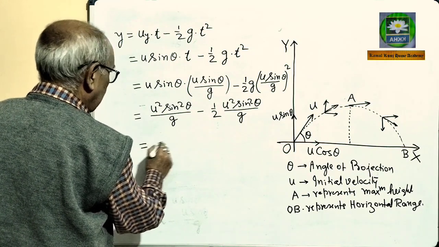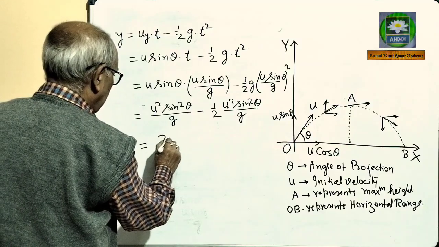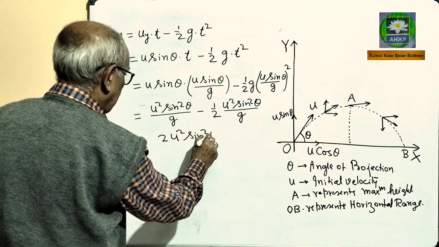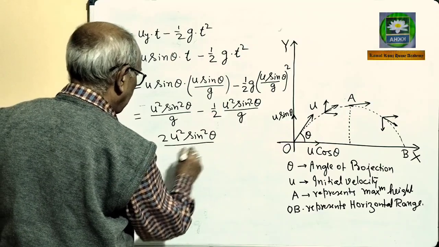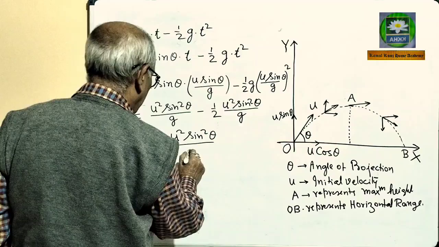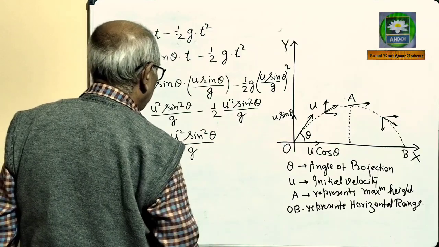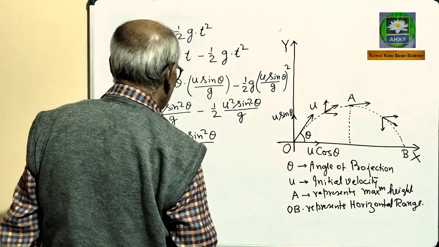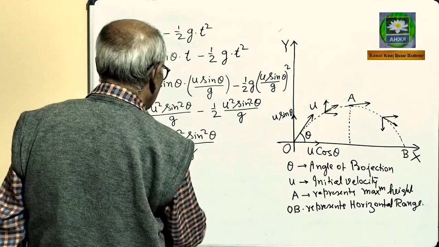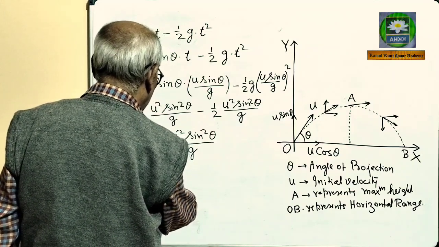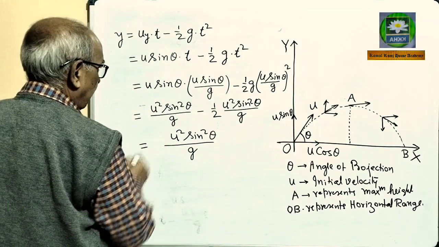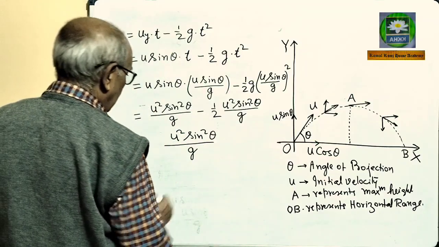This is equal to u square sin square theta upon twice g.